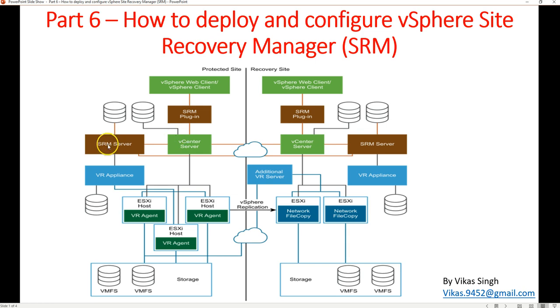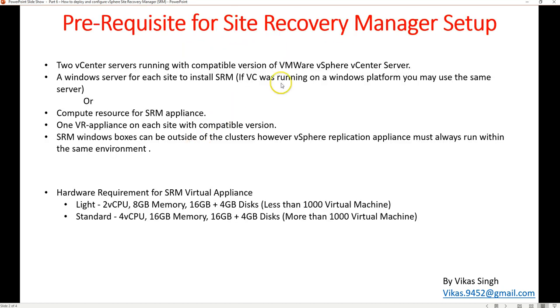So I'm going to deploy the SRM also, which is 8.3.0. You need to make sure the version you are going to deploy is compatible with your vCenter server, and you need to download the same compatible version of both the replication appliance and the SRM.